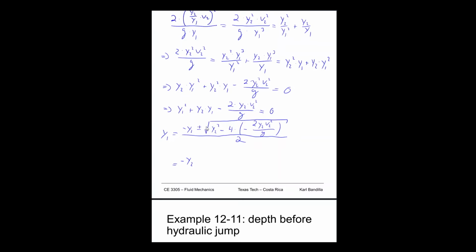So we can just do plus: y2 squared plus 4 times 2, which is 8, times y2 v2 squared over g, all divided by 2.